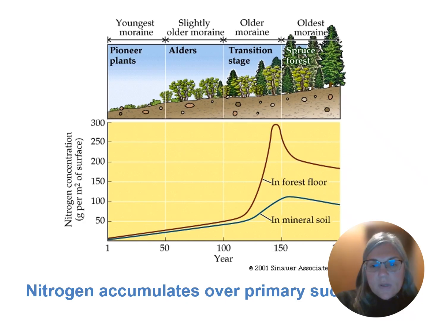So younger soils, younger ecosystems tend to have less nitrogen and therefore are more nitrogen limited. And then older systems or soils have more nitrogen, so they're less nitrogen limited. In contrast, in phosphorus, we see younger soils having more phosphorus, so less phosphorus limited.